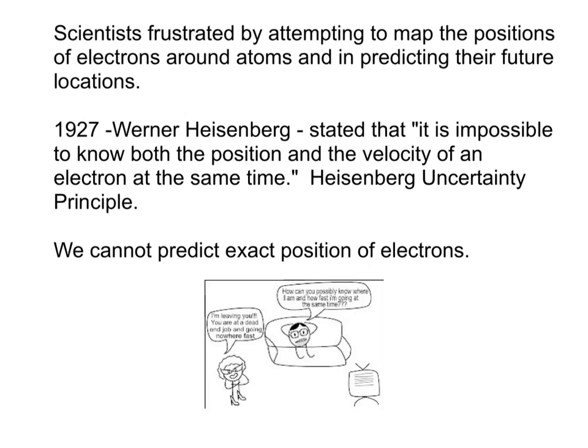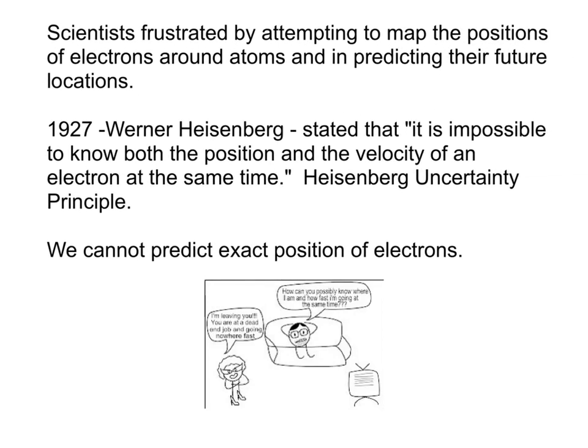Yeah, so you know where it was, but you have no idea how fast it was going, or vice versa. So Heisenberg, if you watch Breaking Bad, yes, Heisenberg, came up with the Heisenberg uncertainty principle, in which he said that the position and, it's not velocity, it's actually momentum, are something known as a conjugate pair. So the more you know about the one, the less you know about the other.